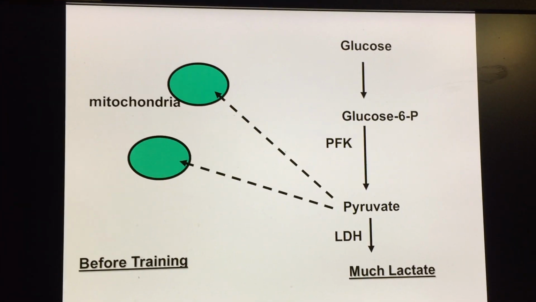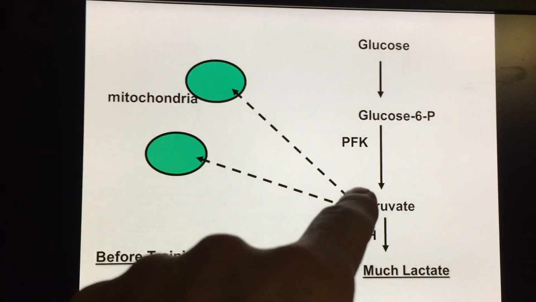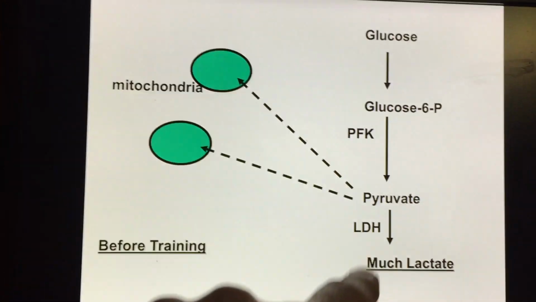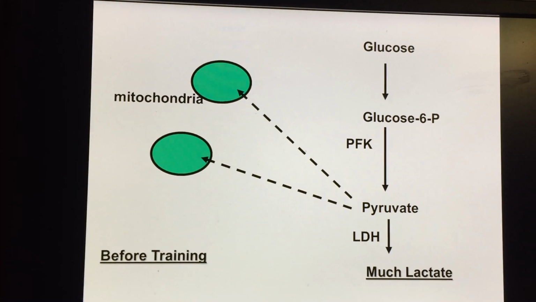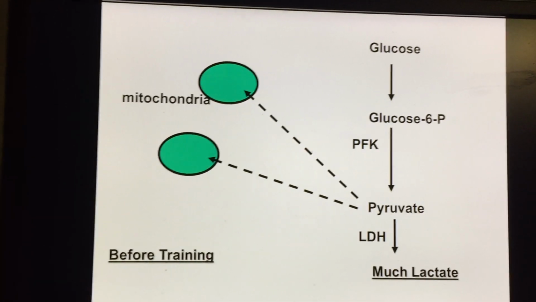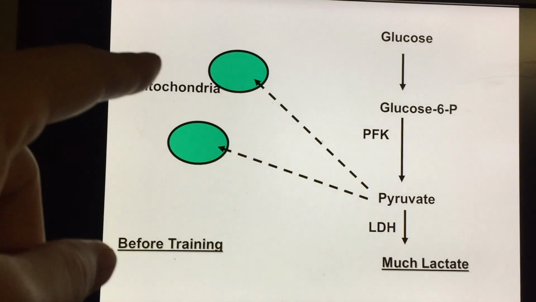So the bottom line here is that if you have very few mitochondria, it's more likely that your pyruvate is going to form lactate. So that's one characteristic of someone that's untrained, is that at a given exercise intensity, they will have a high production of lactate or lactic acid because they have few mitochondria.